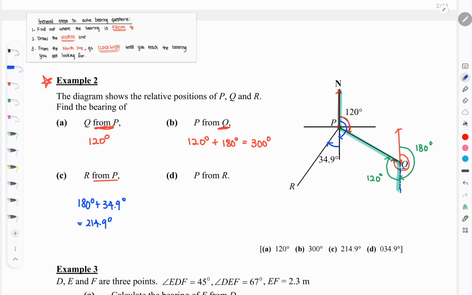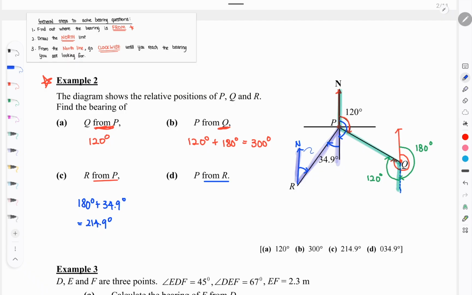Okay, bearing of P from R. Okay, so I'll go to R. I will draw my north line and then I'll go clockwise. Same steps. So over here, I realize I can form my Z shape, okay, for me to use alternate angle.